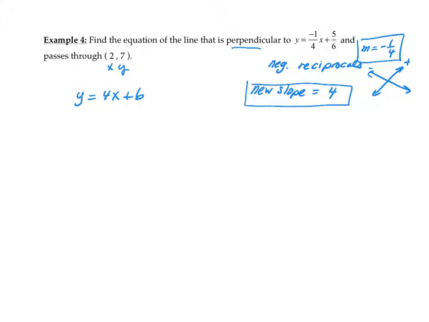Plug in your point, so plug in 7 for y and 2 for x, and solve it for b. So 7 is equal to 8 plus b, or b is equal to negative 1. Put the two pieces together to write your final equation. So you'd have y is equal to 4x minus 1.